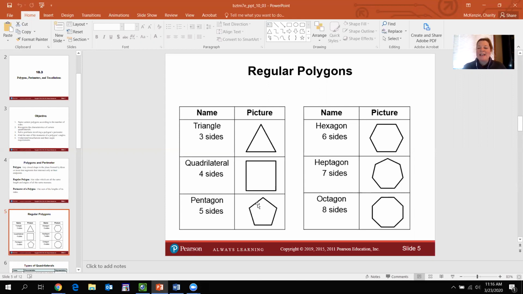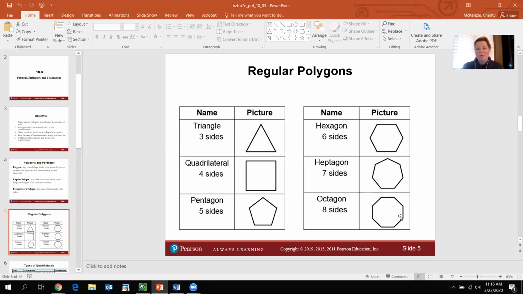Okay, 5 sides is a pentagon. 6 sides is our hexagon. 7 sides is our heptagon. 8 sides is our octagon. 9 sides is a nonagon. Oh, and now I can't think of what 10 sides is.